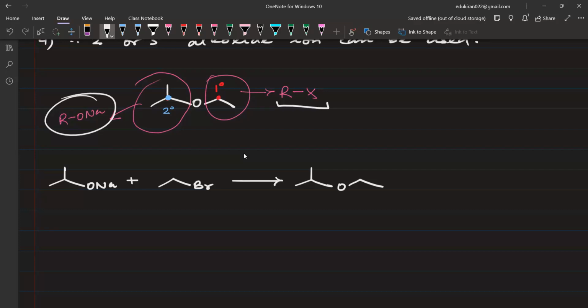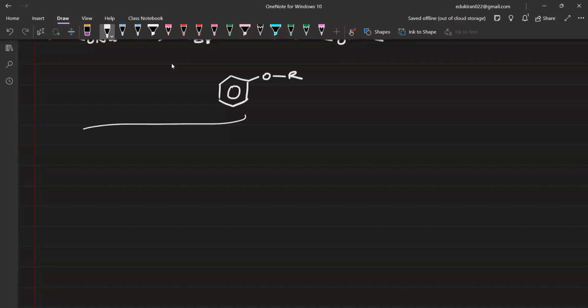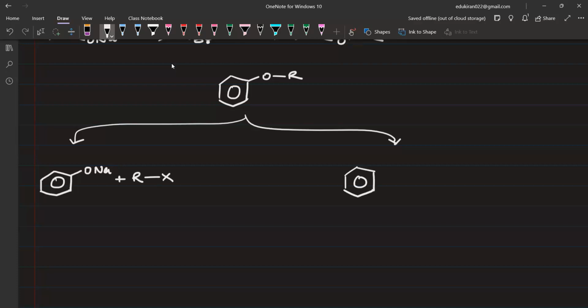ठीक है, done writing? ठीक है। Now similarly, if you want to make phenyl alkyl ether, something like this, तो यहाँ पे आपके पास you can use दो possibilities हैं। क्या क्या possibilities हैं? Either you use phenoxide ion, ONa, plus RX, इससे मिल सकता है आपको, or you use aryl halide, that means the halogen atom is here, plus you use alkoxide ion RONa. ठीक है?